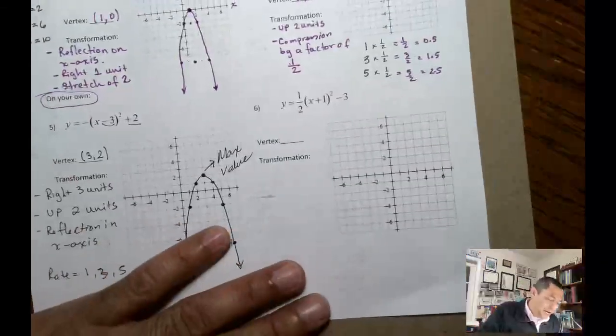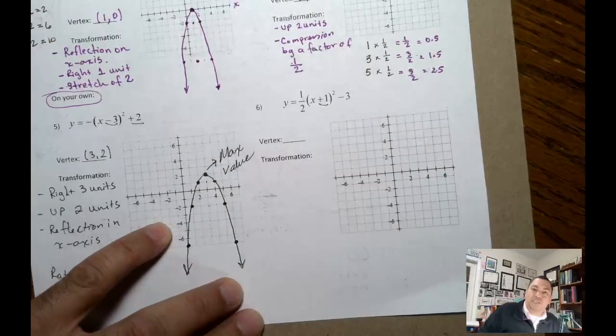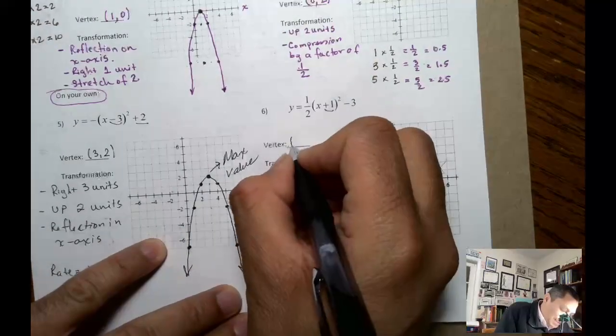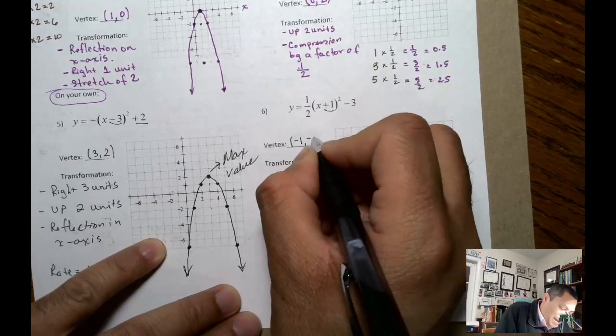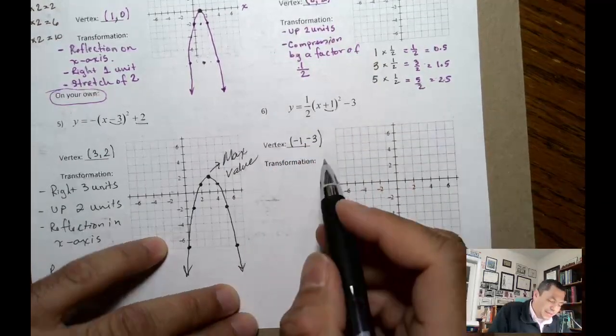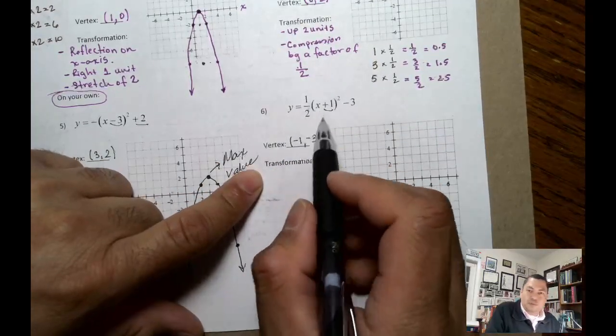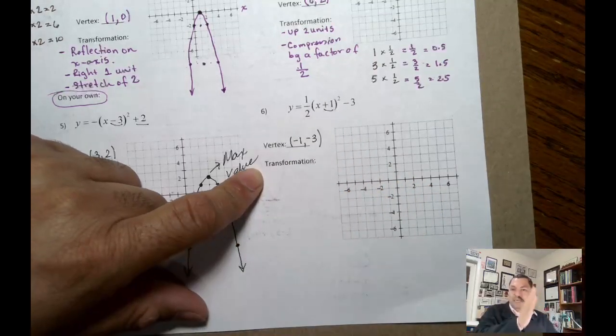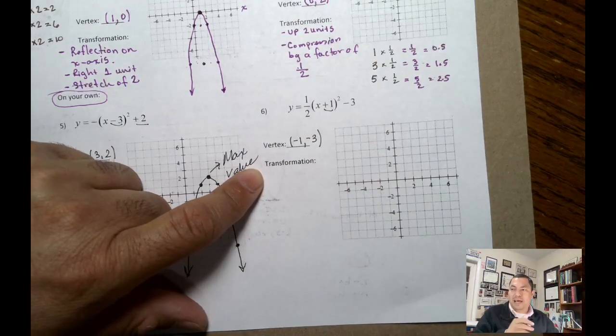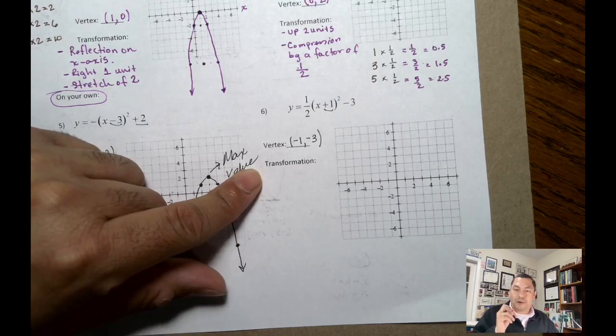Now I go here. This number is positive, so my vertex is -1, -3. Now transformation. I have this 1/2 here, so it's between 0 and 1, so I have a vertical compression.